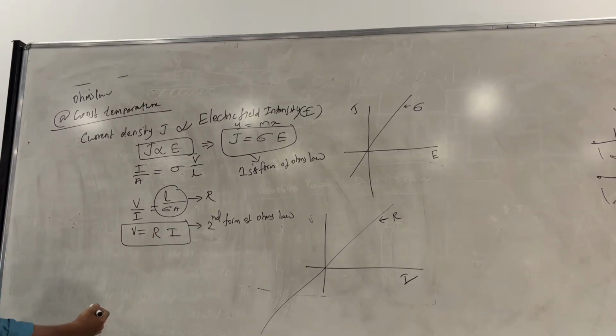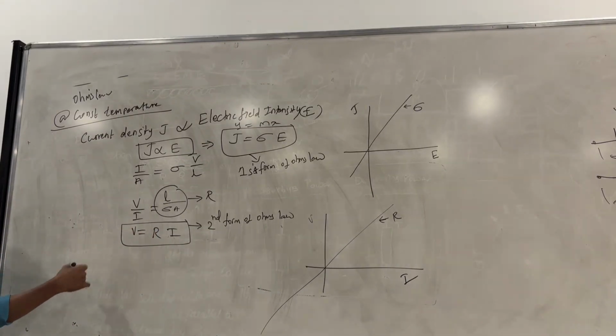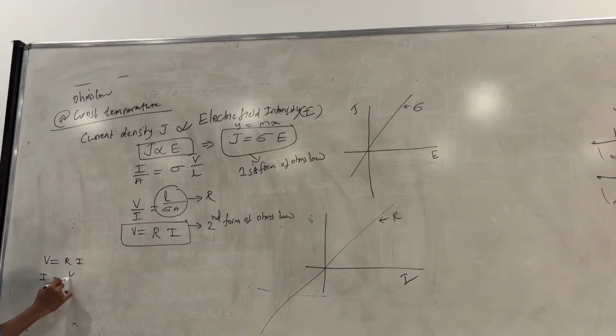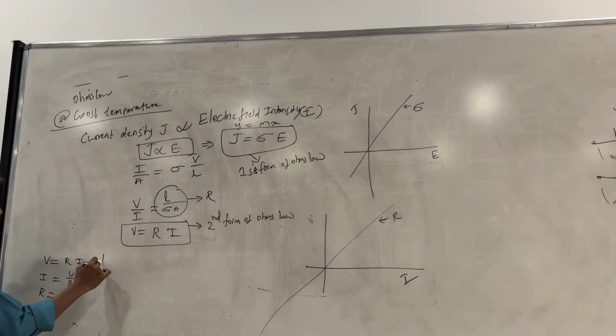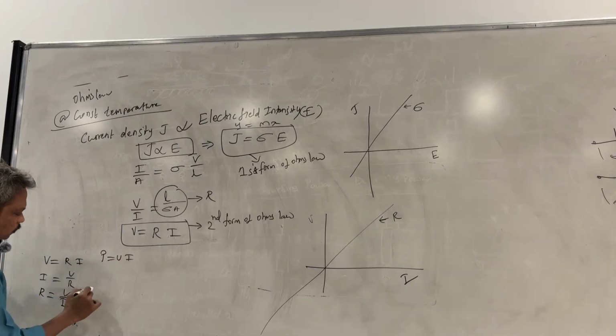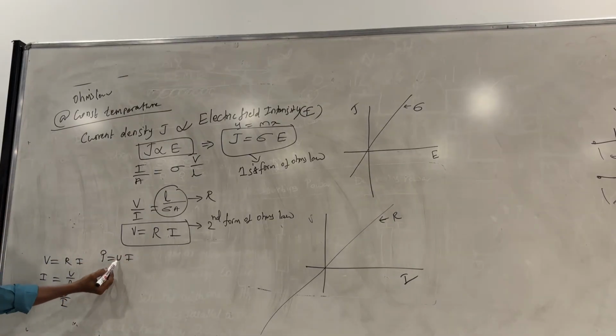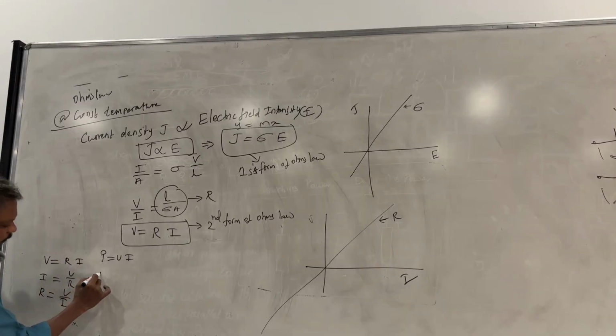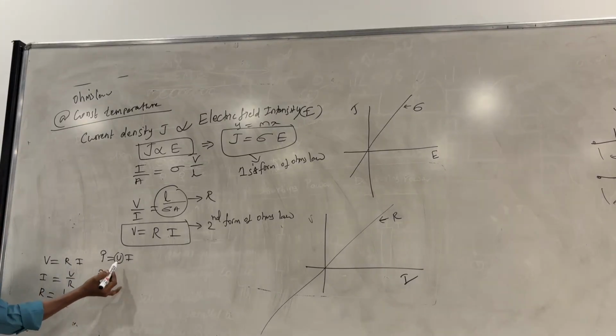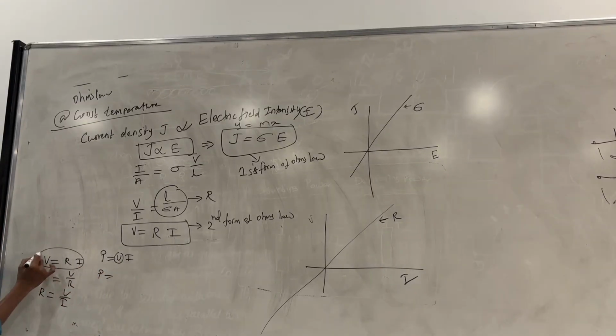From here you can get individual parameters like V equal to R I, I equal to V by R, R equal to V by I, power equal to V I, you know. If you substitute R I for V, what you will get?